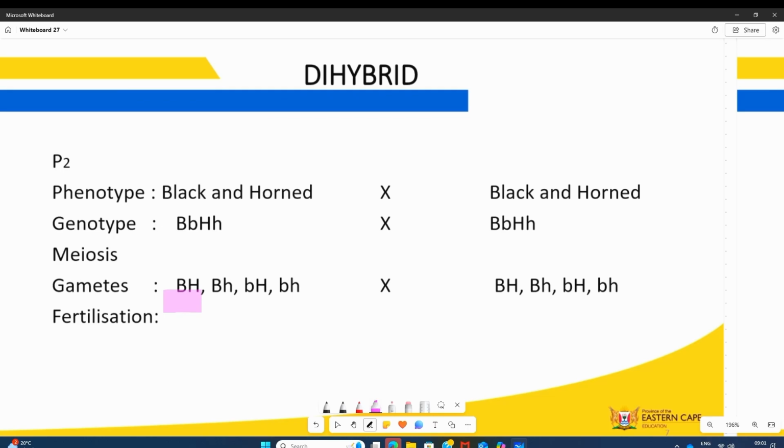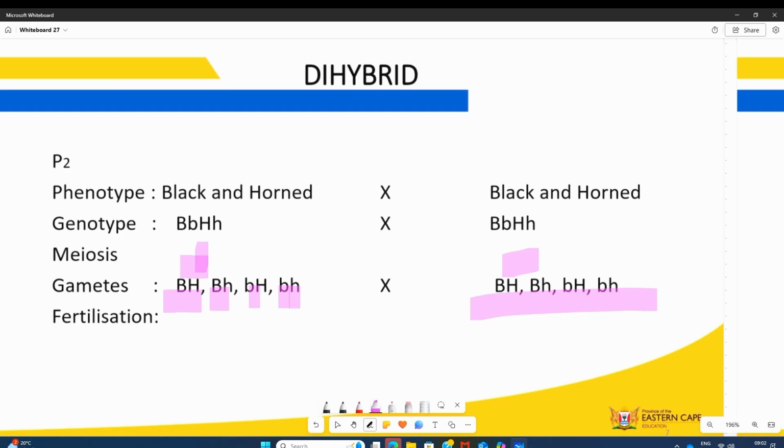One gamete will contain black and horned. Another one will contain black and polled. Another one white and horned, meaning all the 4 gametes will contain these characteristics. The same applies to the female, right? Then fertilization occurs, where there's a fusion of the male gametes together with the female gametes.